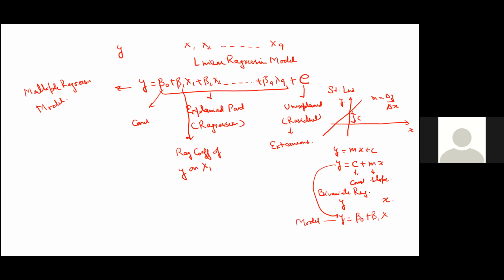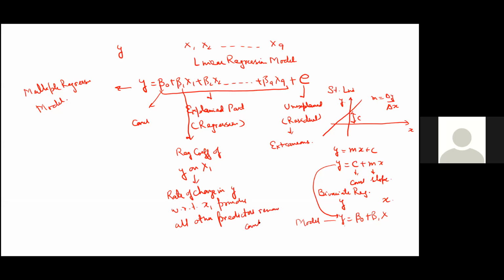Like in the earlier case, beta 1 is the slope, or the regression coefficient of y on x. So what is the meaning of this term? It gives the rate of change in y with respect to x1, provided all other predictors remain constant.